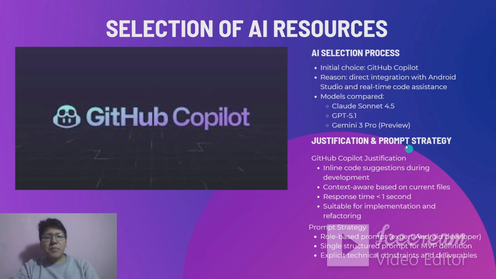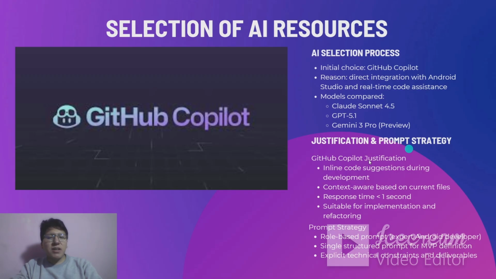The initial tool selected for this project was GitHub Copilot. The choice was made due to its direct integration with Android Studio and its ability to provide real-time code assistance during development. After this, a comparison was conducted between Claude Sonnet 4.5, GPT 5.1, and Gemini 3 Pro.